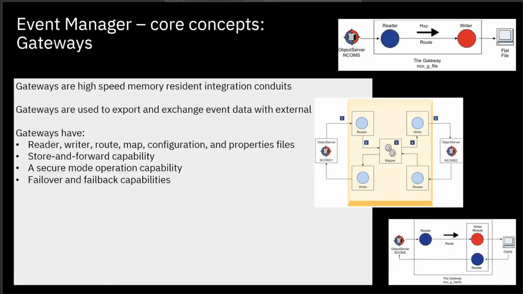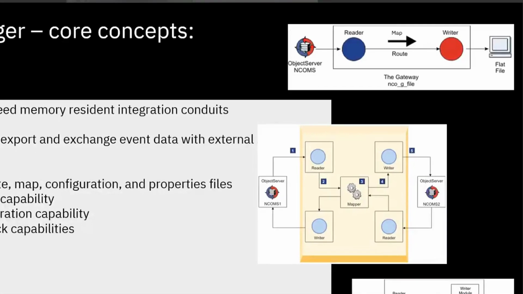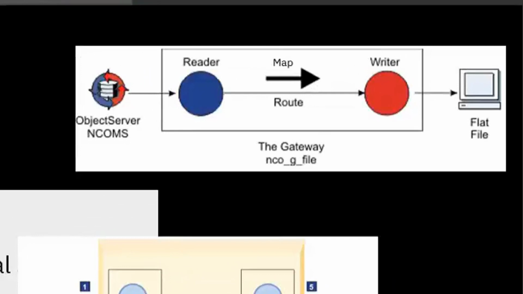Gateways in principle have several components that you need to configure to set them up. In general, gateways are used to export data from an object server and send it to a target. All these gateways connect via a so-called reader component to an object server.